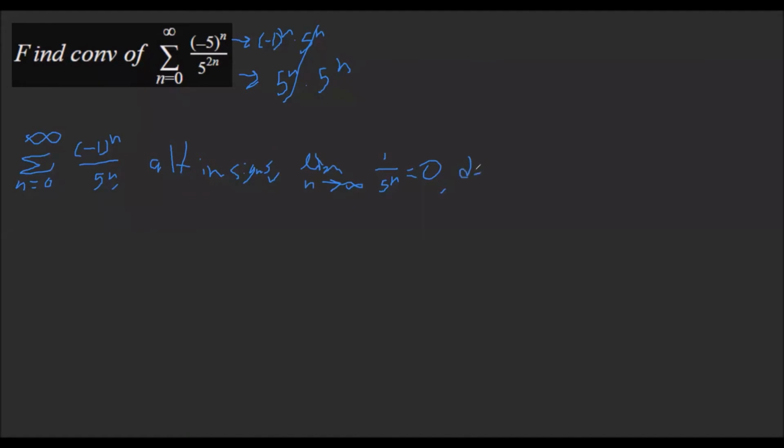So we must state by the alternating series test that this series, n equals 0 to infinity of -1 to the power of n over 5 to the power of n, converges by the alternating series test.